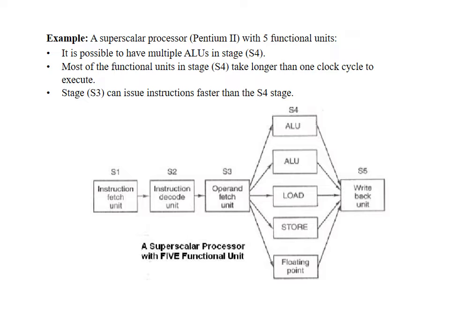The first is the instruction fetch unit, the second stage is the instruction decode unit, the third is the operand fetch phase, and the fourth stage is ALU, load/store, and floating point. These take more than one clock cycle, and the fifth stage is the write back unit.